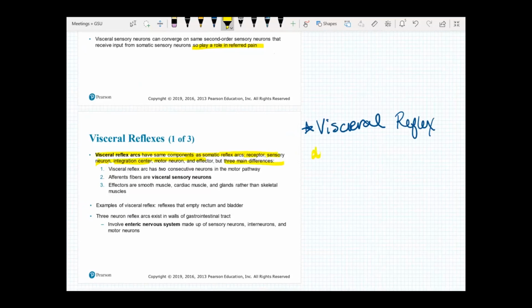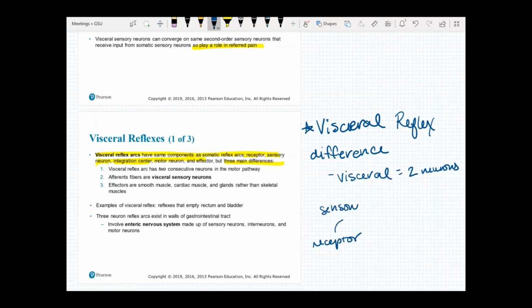The first difference between a visceral reflex and our somatic reflex is that the visceral reflex will have 2 neurons when we get to the motor pathway. So when we have the process, the receptor will do the sensory, that sensory neuron goes to the integration center.